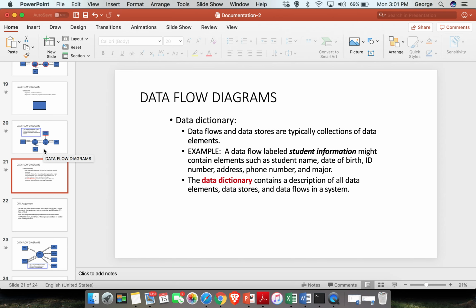A data flow labeled student information might contain elements such as name, date of birth, ID number, address, phone number, and major. So the data dictionary will contain information about all of these fields. We'll talk a lot more about data dictionaries in the next chapter.